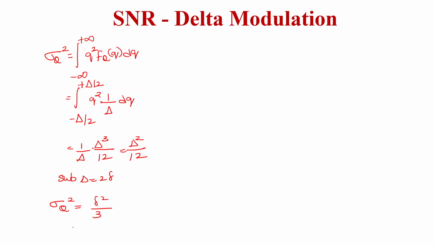Now the noise has been confined to a bandwidth of plus or minus W. So we are writing the average output noise power. I am drawing the spectrum of the noise, S(f), between plus fs and minus fs.